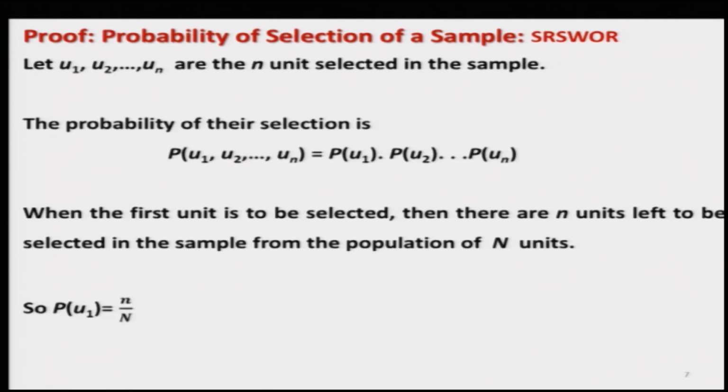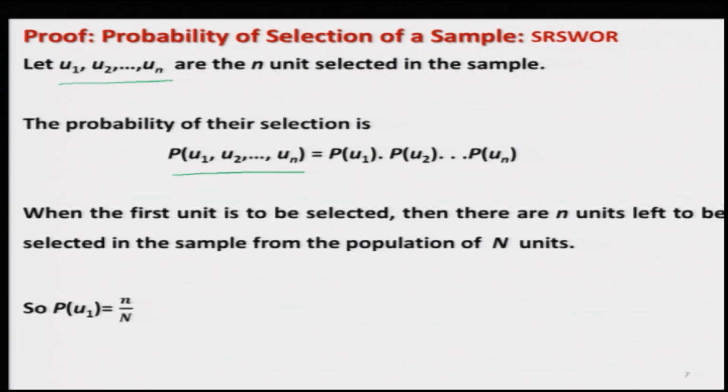Now, if I try to extend it, suppose there are a small n number of units u1, u2, un which I want to select in my sample. Since we are considering simple random sampling, such that all the units are independently drawn, the probability of selection of any unit at any stage is 1 upon capital N. So, the probability of selection of u1, u2, un will be governed by the probability laws for independence.